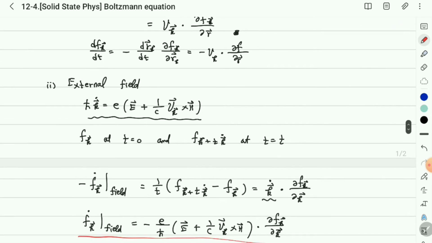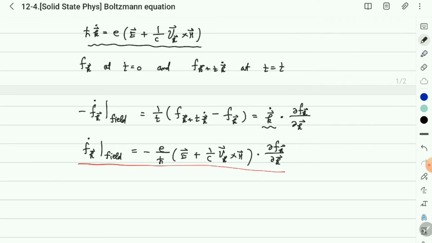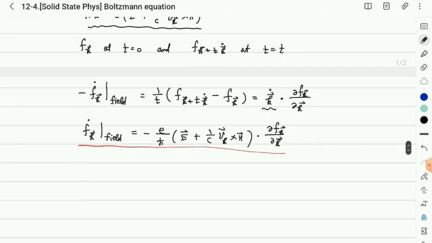Then basically the diffusion and the electromagnetic field change the distribution function of particles, and the carriers are scattered by impurities or imperfections, like in the Drude model. Therefore, the third one, we can say, is that we should consider the scattering.